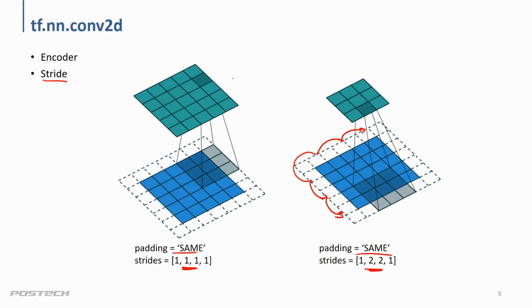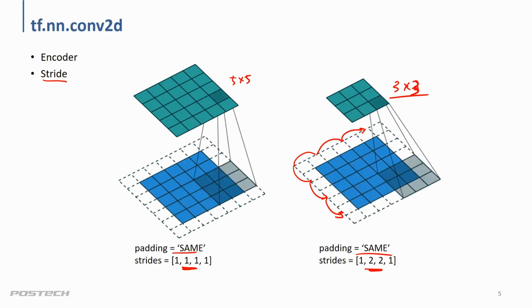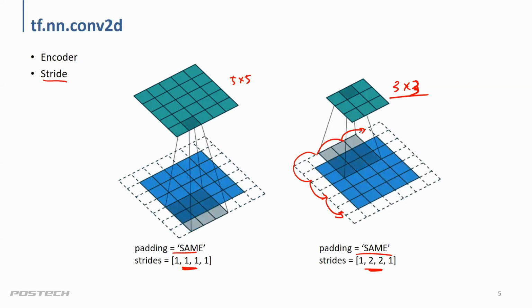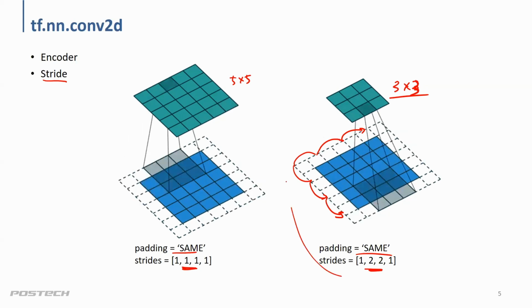So over there, the output is 5x5. Here, just focus on what the size of the input is and what the size of the output would be. That's the key.